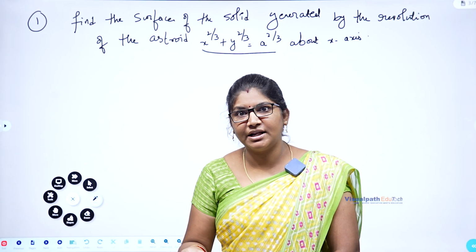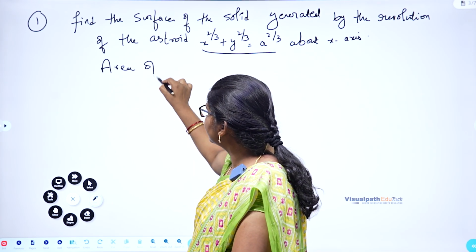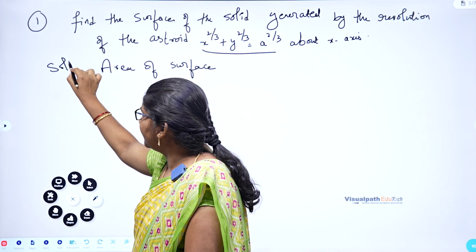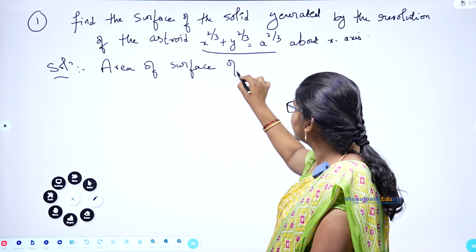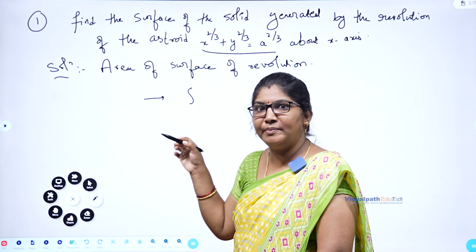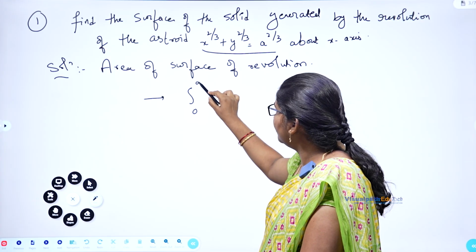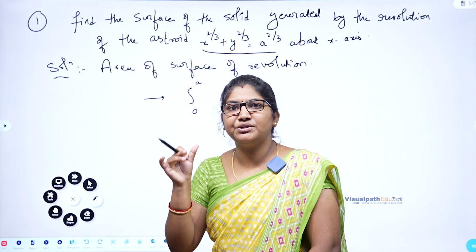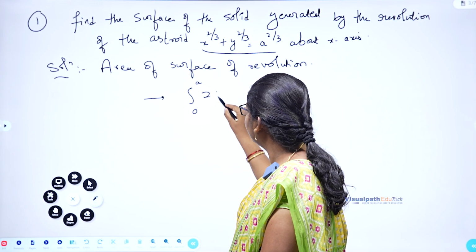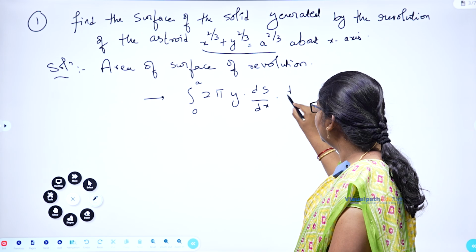What is the formula? The area of the surface of revolution formula will be integral a to b, here integral 0 to a. Why? Because according to the given curve we have to take the limits. 2 pi y ds by dx into dx.